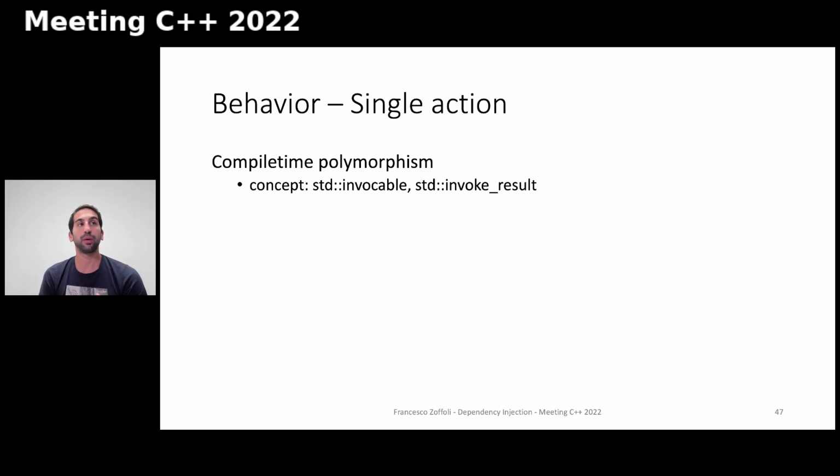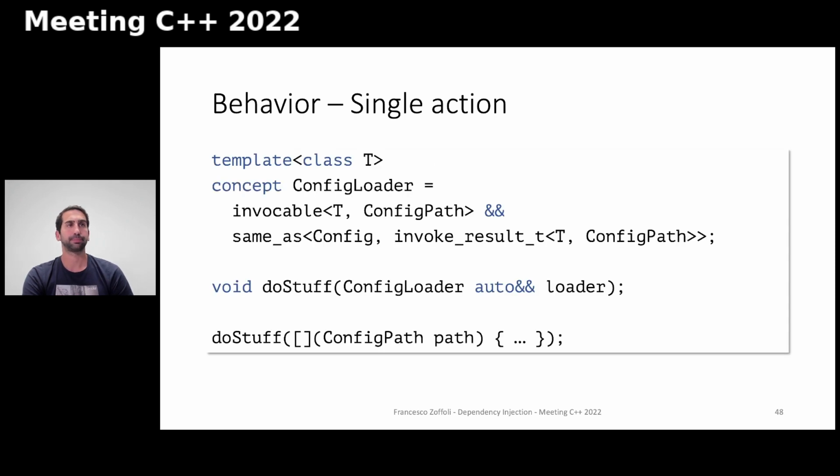In the case we want compile-time polymorphism, we can use a concept, and to do that we can use invocable and invoke_result. I'm not going to go into the details of how concepts work. There are other talks which explain how concepts work, and I highly recommend them.